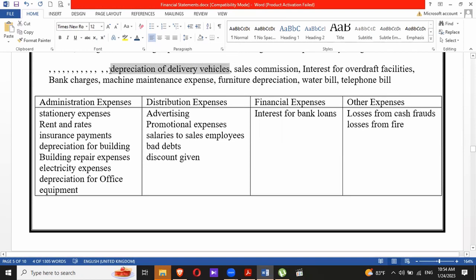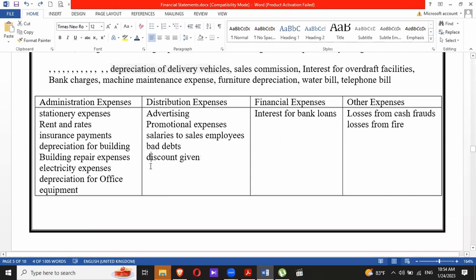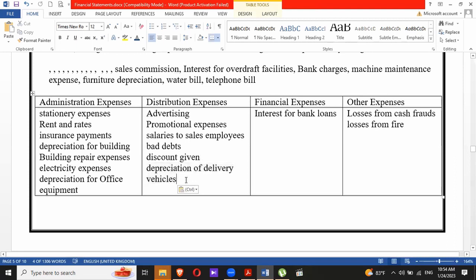I told you the expenses which are related to delivery vehicles come under distribution expenses, right? Because we use delivery vehicles for the purpose of distribution, right? On that basis, all the expenses which are related to delivery vehicles come under distribution.